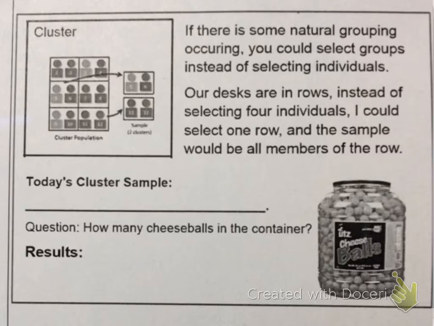So a cluster sample would be like me saying today, let's take this container of Cheetos and give them to every student who sat on the front row today. Because I am not picking all of you, I'm picking you according to something naturally occurring, like which row you sat in. That would be called a cluster.